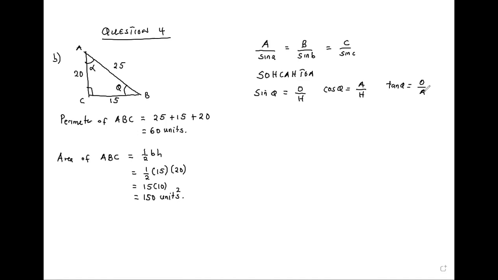So let's look at our angles and see which one can work better for us. For theta, if we use sine, so you can pick one of these. Let's try to use sine. Say sine theta, opposite is 20 over hypotenuse 25. We simplify, divide by 5, we'll get 4 over 5.